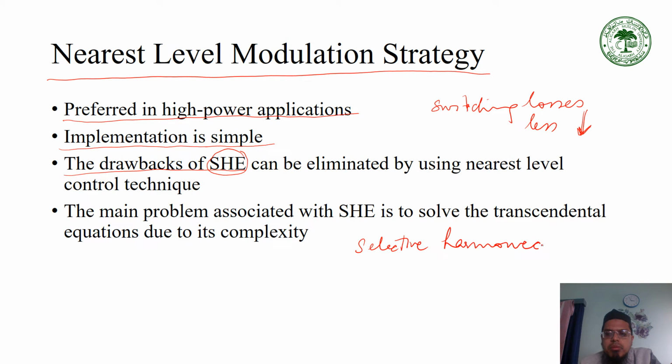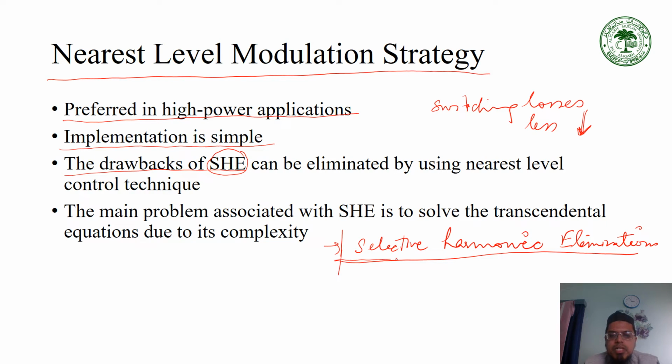In harmonic elimination, we have multiple equations, and I would hopefully be doing one video on selective harmonic elimination also. I had already done it for 2-level inverters. You can watch it for 2-level, and selective harmonic elimination can be used for multi-level inverters also.